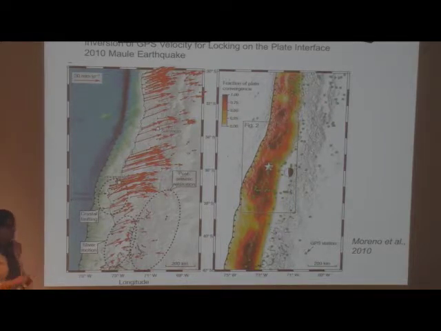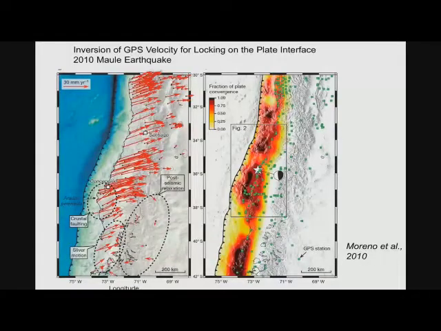So black is the plate interface is not moving at all. It's dragging the upper plate with it as it moves at the plate rate, down to the lighter yellows and the white, which are just freely slipping. The next slide is going to show a blow up. This is the epicenter of the 2010 Maule earthquake.